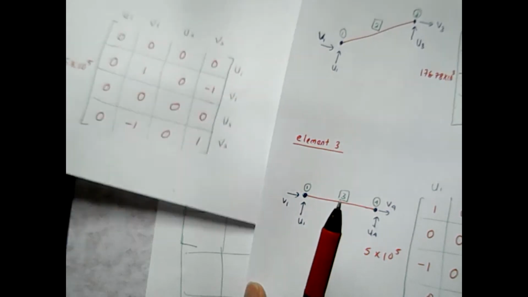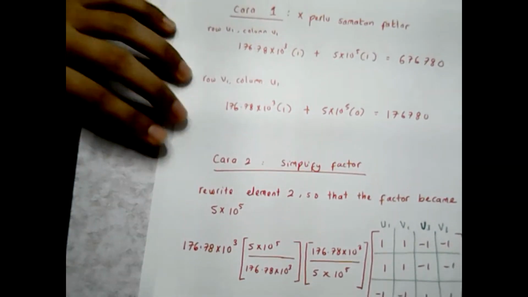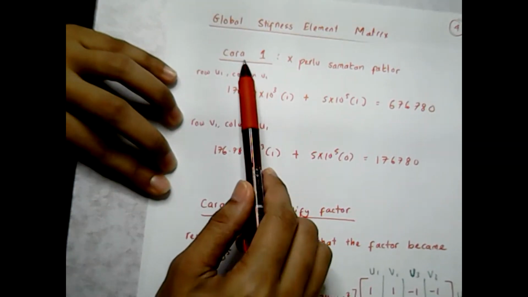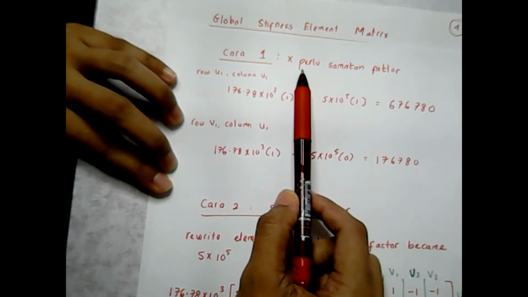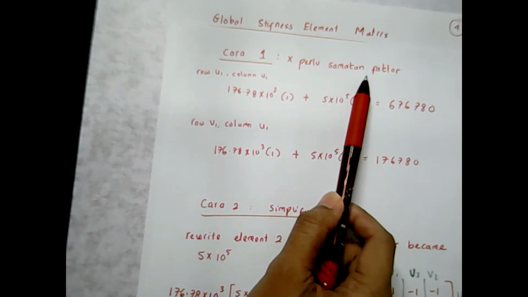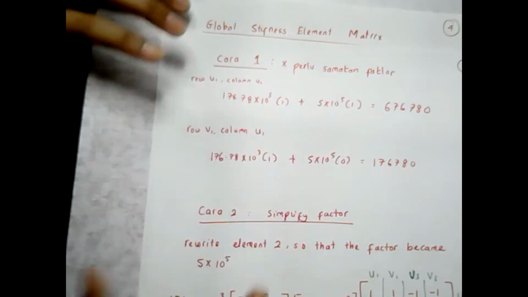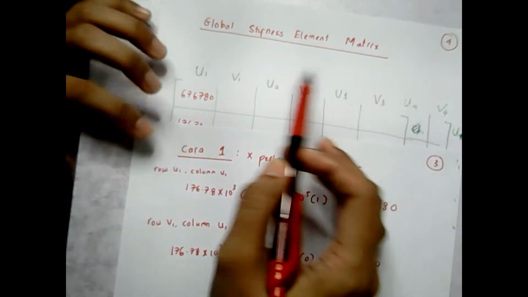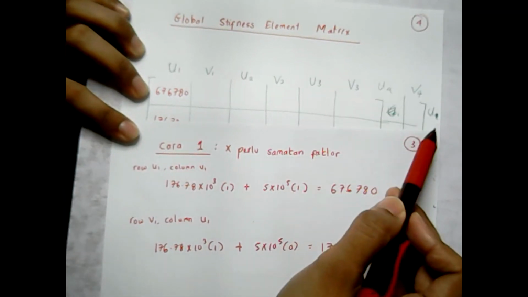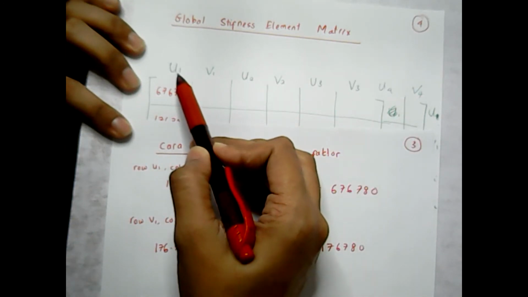The first way is no need to simplify so that you get the same factor for your stiffness. In this case, you need to find the value here, which is u1, row 1 column 1.